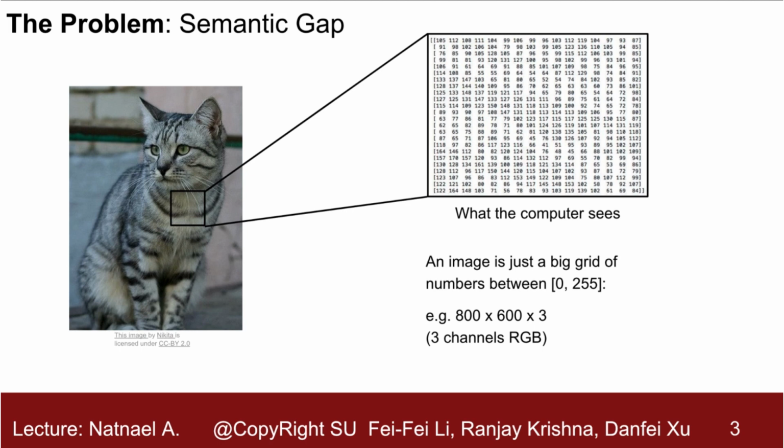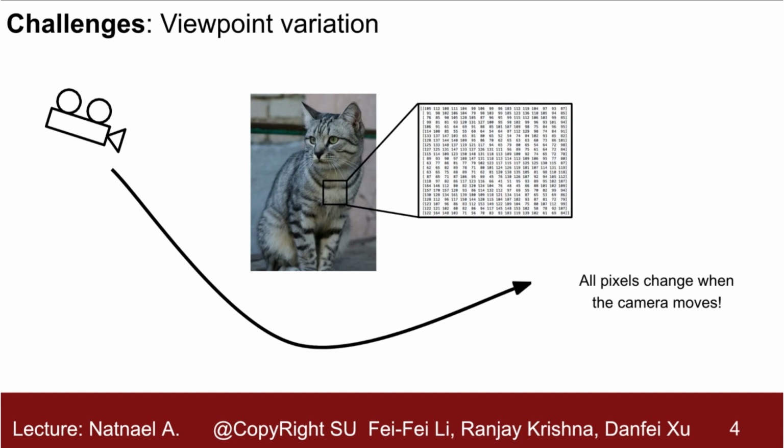So the problem with image classification generally comes along with how the computer perceives the image or the real world, which is as a multi-dimensional matrix. That's a big difference between how we perceive and how the computer perceives. This is the major source of every problem that we are going to talk about in the next few slides. This also brings us another challenge, which is called viewpoint variation.